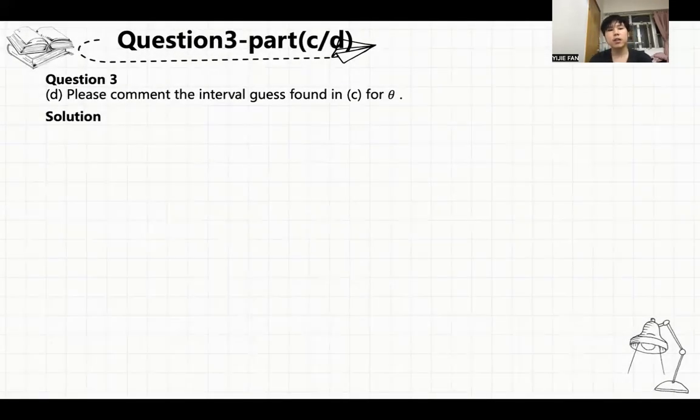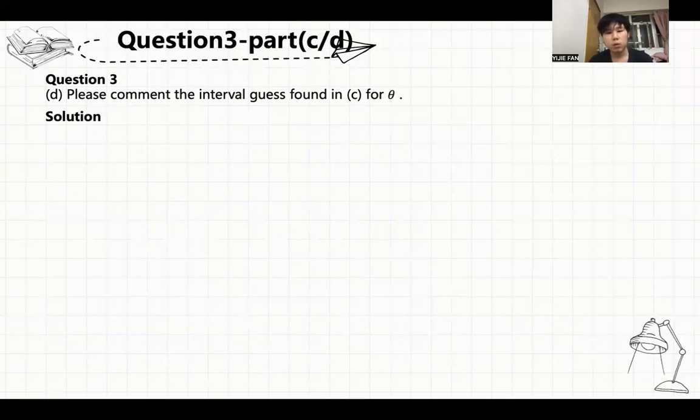Okay, and finally in part D, we need to comment on the interval we found in part C for theta. Okay, so how do we comment on the interval?